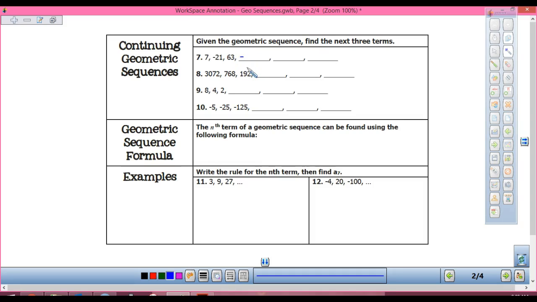By negative 3. What was it? Negative 189, and then it's a positive 567, and then I have to take that times negative 3 and get negative 1,701. Alright.